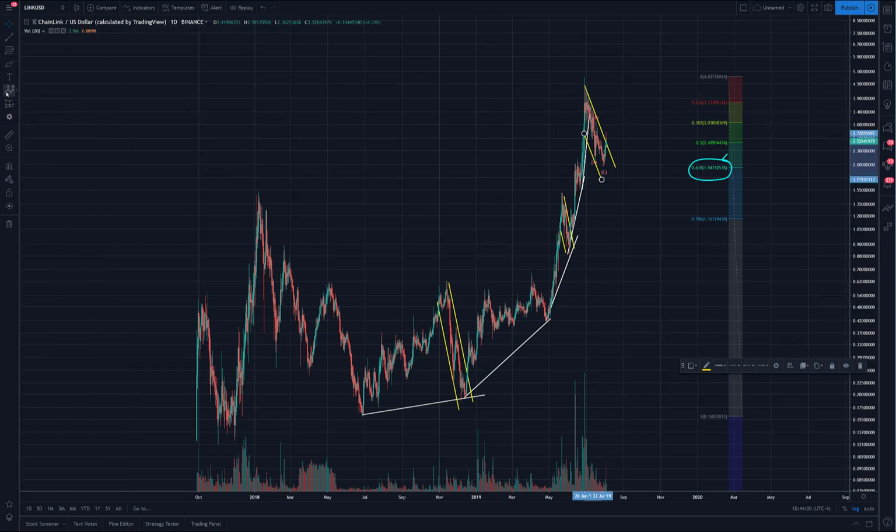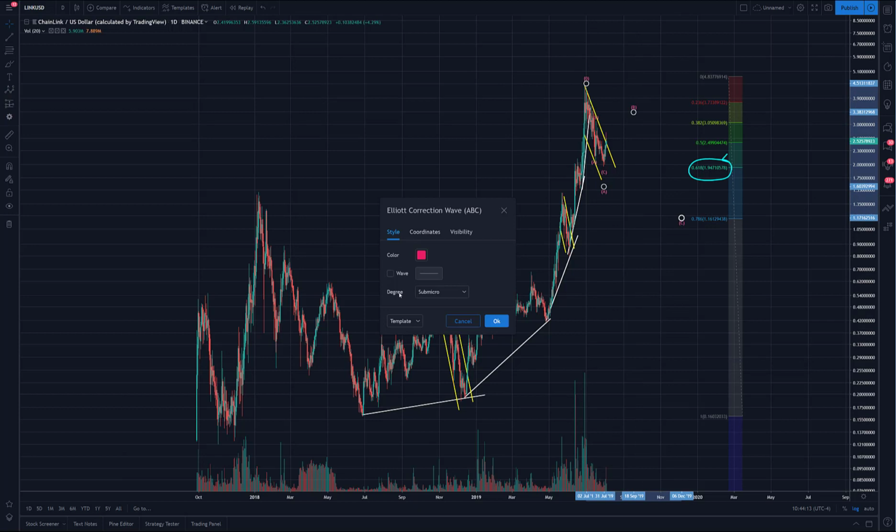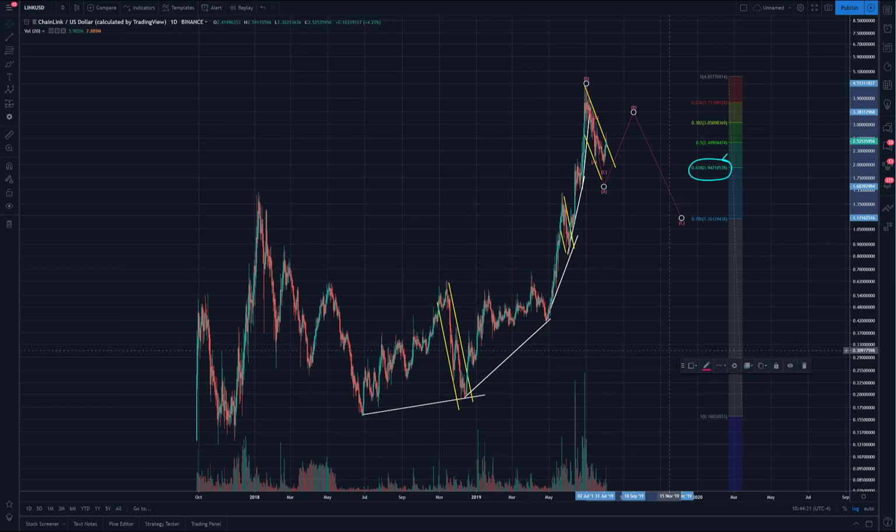We can say that this whole decline was an A wave, and we're expecting a B wave, a retracement of, let's say, 0.5 to 0.618 of the decline itself, and then heading towards a 0.78. That would make sense with respect to the potential of having this consolidate more. I think primarily we are more likely seeing a B wave bounce and a C wave decline to come.